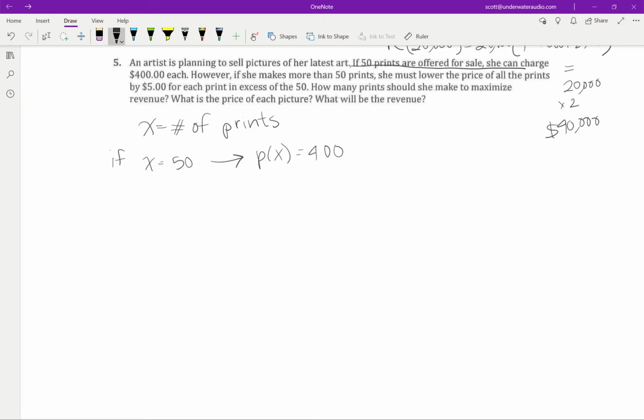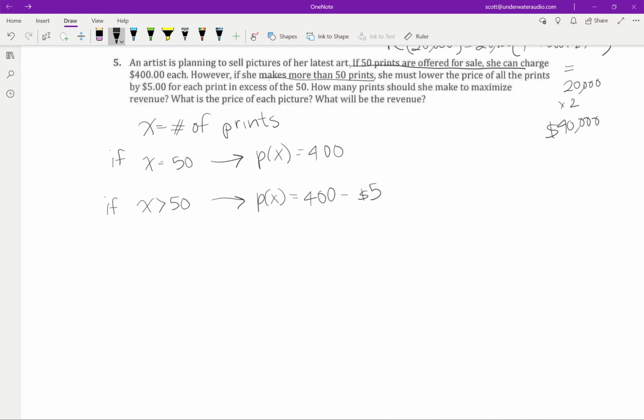However, if she makes more than 50 prints, so if x is larger than 50, she must lower the price of all the prints by $5. So P of x equals 400 minus $5, except I think there's more there, for each print in excess of the 50.